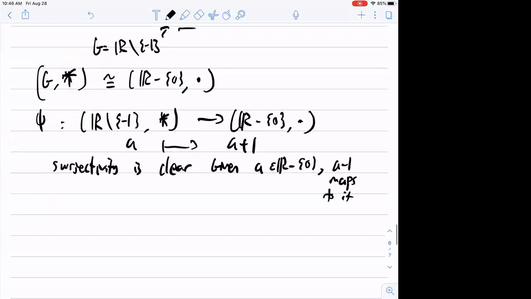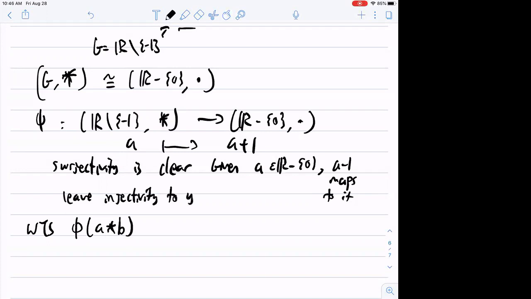Really, I want you to understand this part. I want to show phi of A star B. I leave injectivity to you; it should be a one line proof like surjectivity. So phi of A star B, we need to show this is phi of A times phi of B, because my operation here is multiplication.